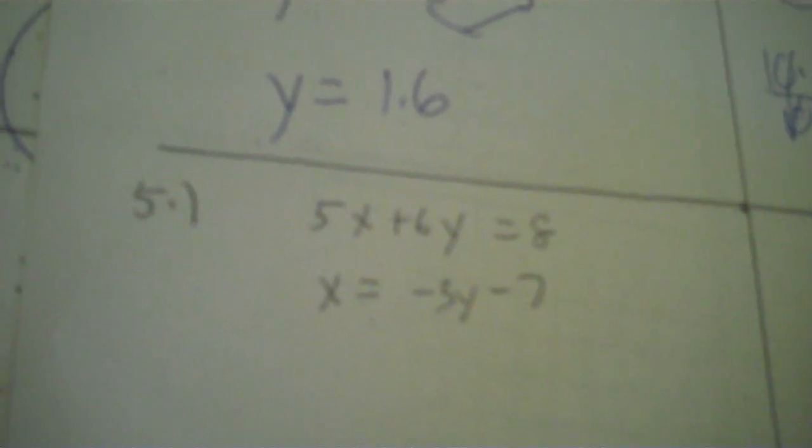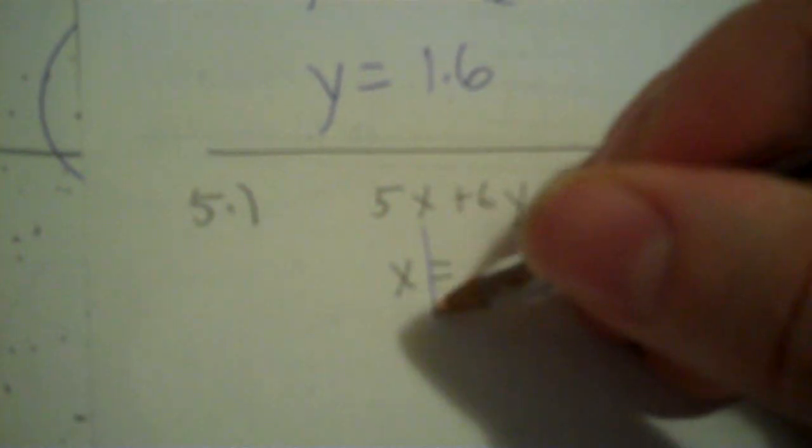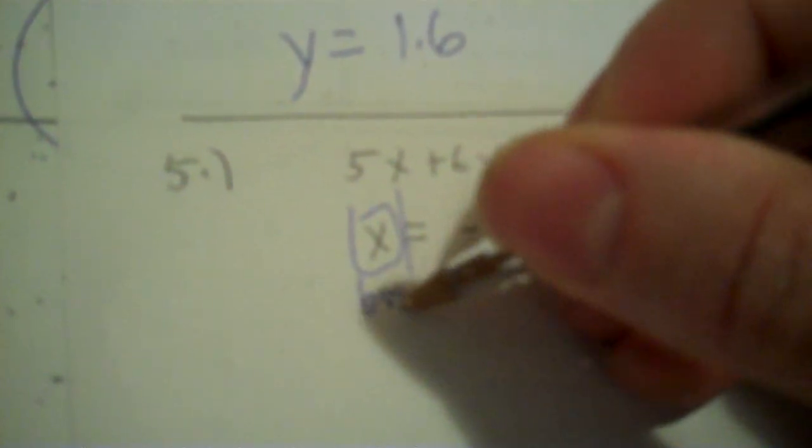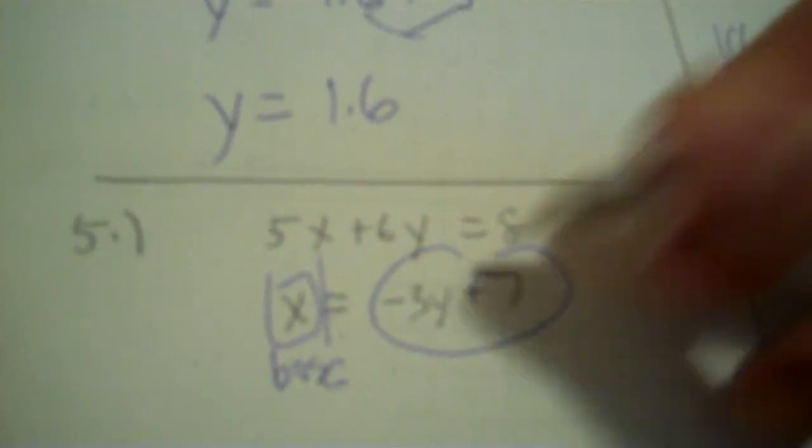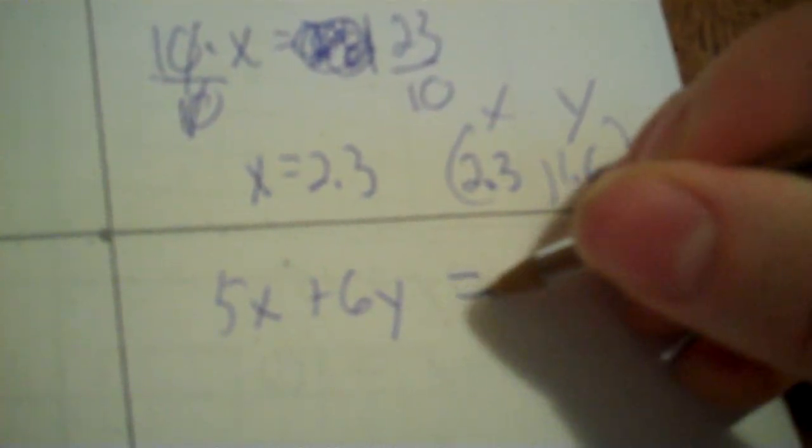Okay, number 5. 5x plus 6y equals 8. And then we have x equals negative 3y minus 7. So again, remember I said it could be x or y as your base. Now it's x. Make that a plus negative 7. Now your top equation is 5x plus 6y equals 8.